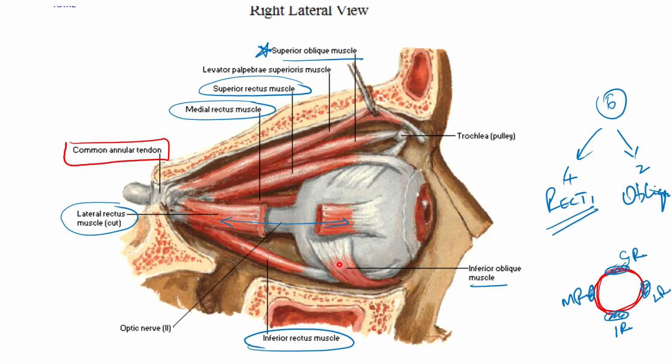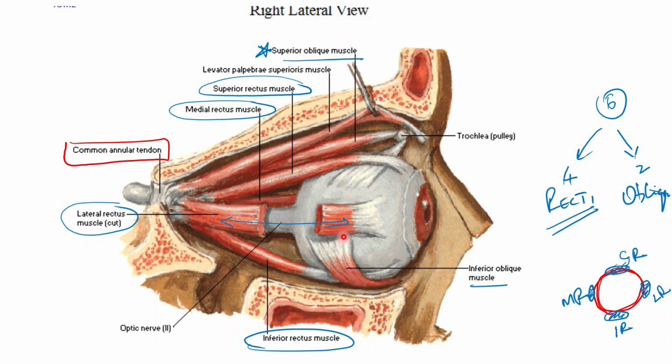The inferior oblique runs below the inferior rectus and is directed upwards and backwards to reach the sclera behind the equator, ending by inserting into the posterior superior quadrant of the eyeball.